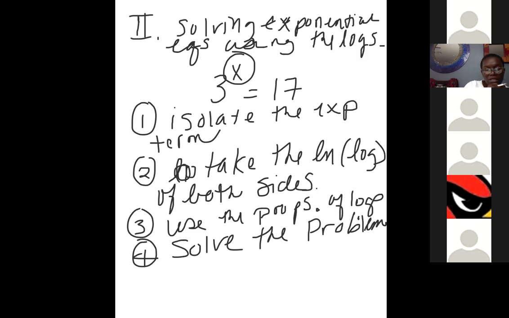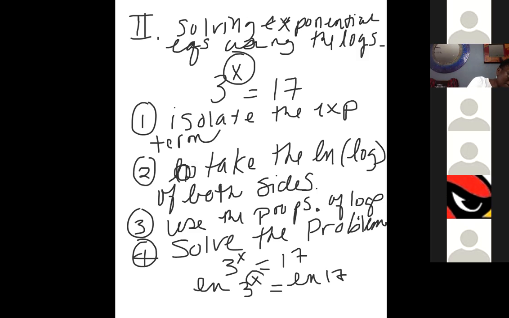Okay, guys. So going back to our little conundrum here, 3 to the x equals 17. The exponential term is already isolated, so the next step is to go ahead and take the natural log of both sides. So you take the natural log of 3 to the x, natural log of 17. Now, the power here, the x, becomes the coefficient.